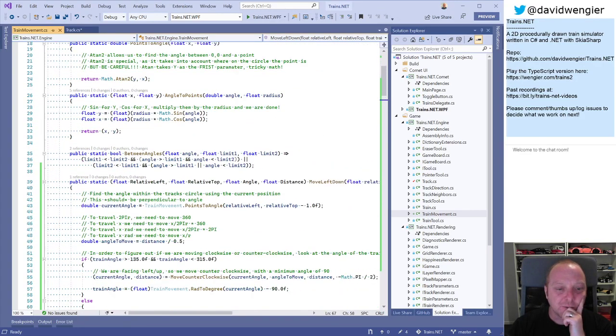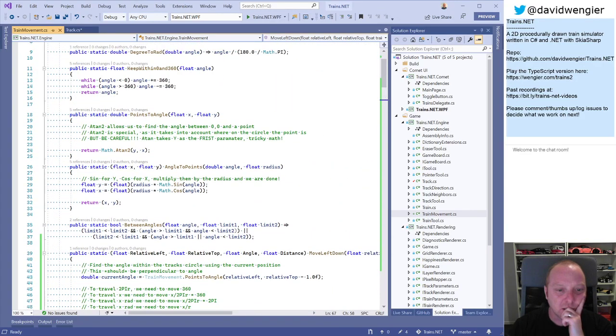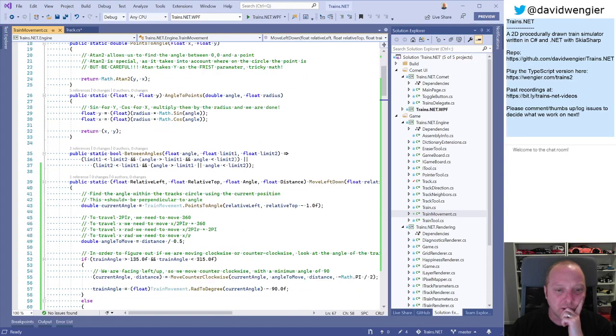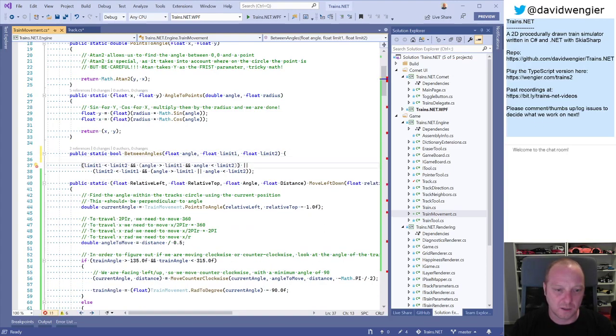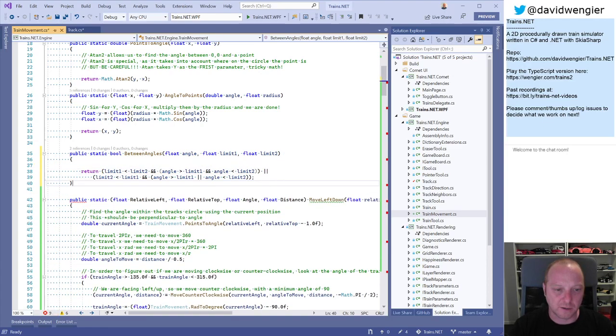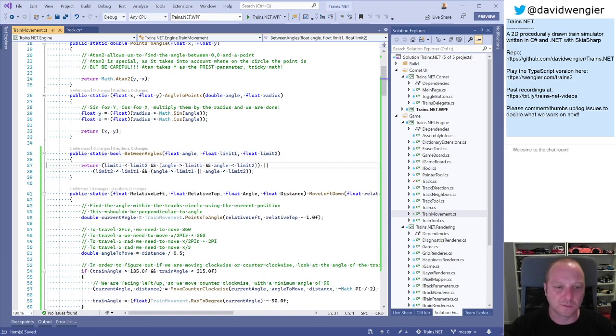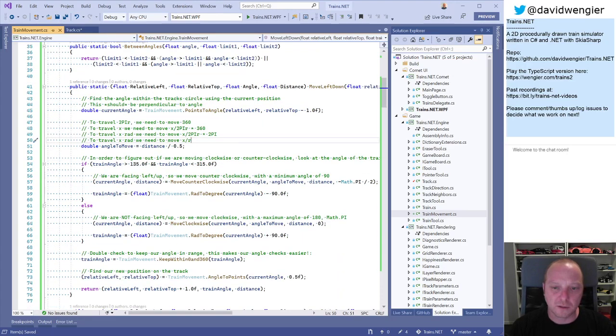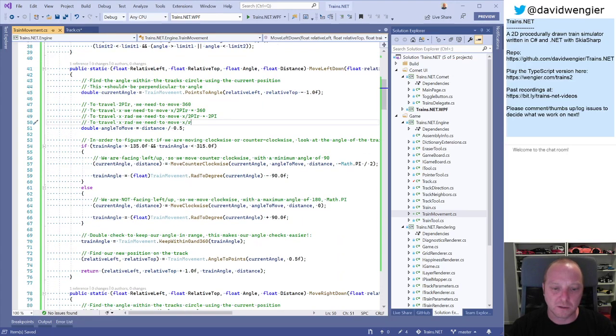So what we have is a bunch of methods. I'm going to make that a full one. Okay. So what we have is a bunch of methods: move left down, move back down.